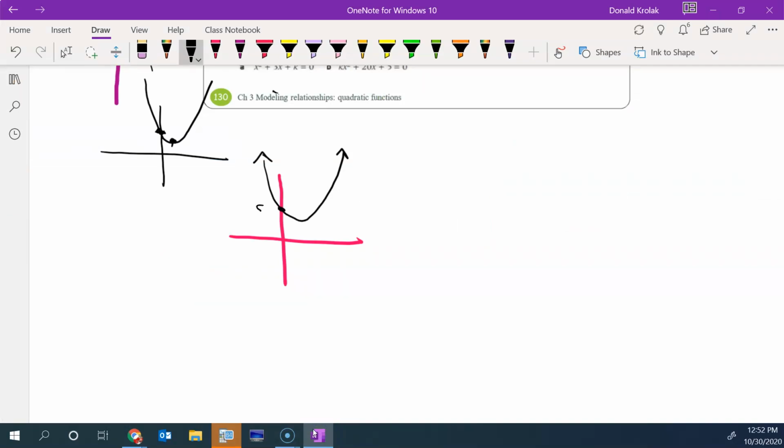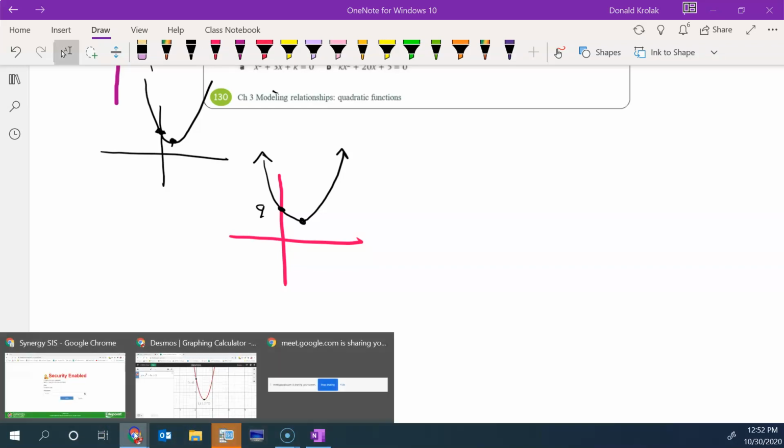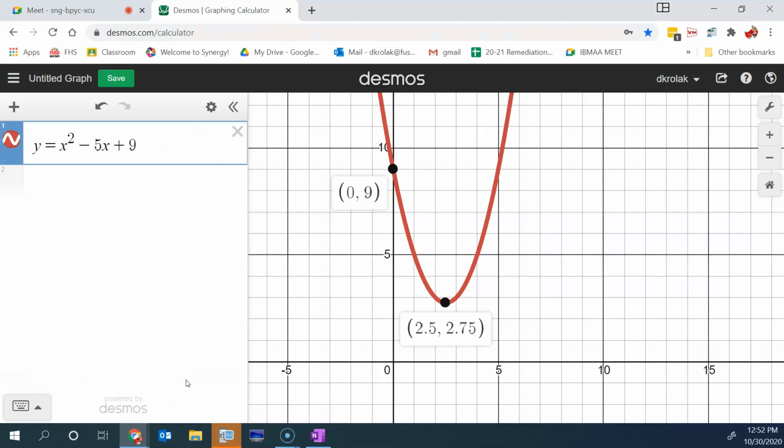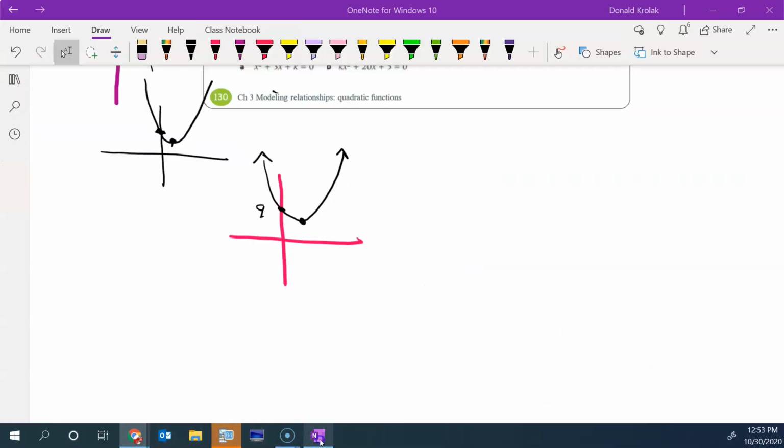So I'd put like 9 there, and 2.5. Okay, that passes. That would be fine.